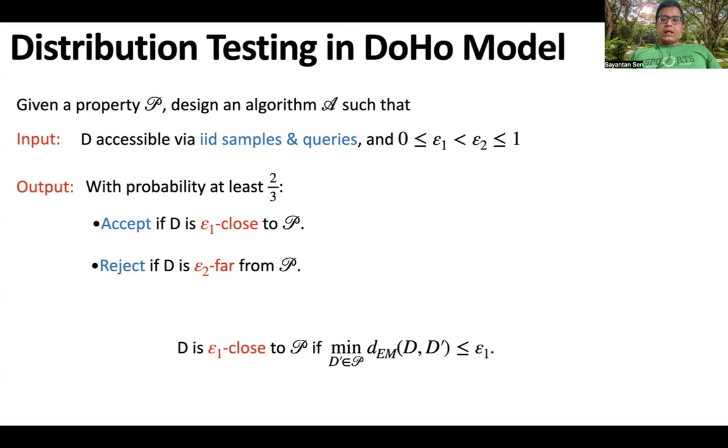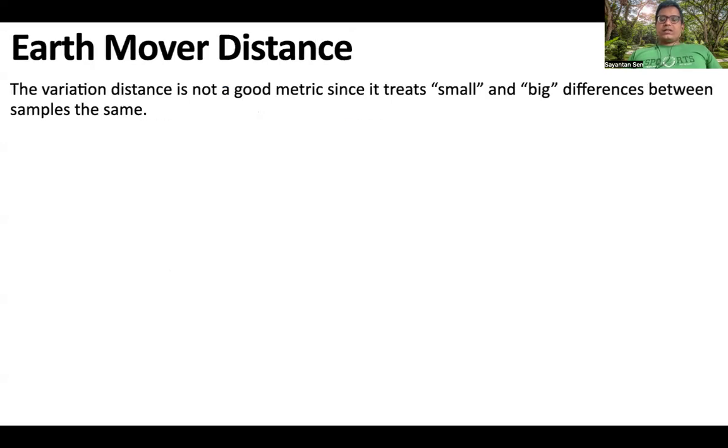So let us see what earth mover's distance is. The variation distance or L1 distance is not a good metric for our high dimensional setting since it treats every small and big difference between two samples the same. Since we will be working on high dimensional spaces, capturing how close or far two samples are is essential for us.